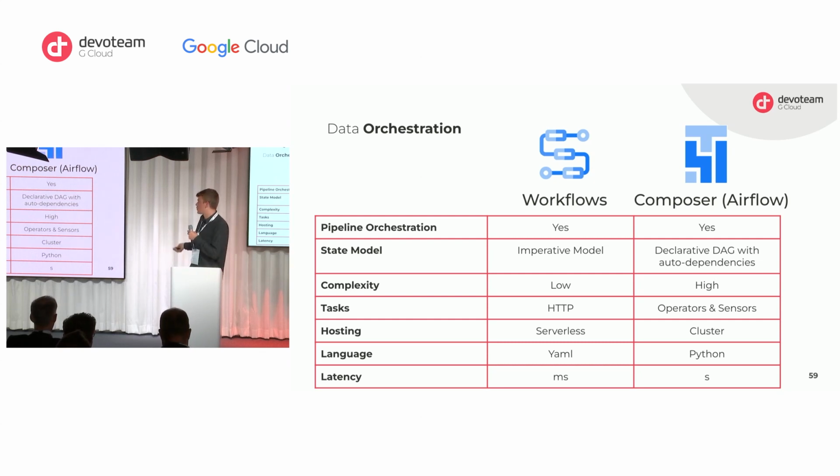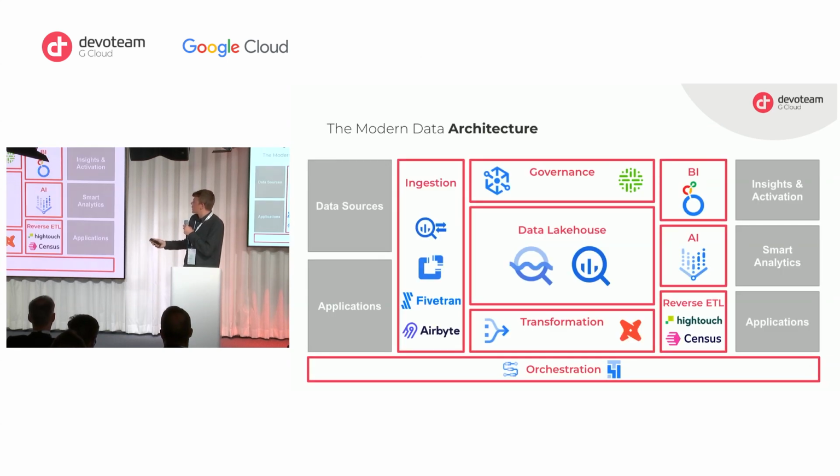There's no need anymore to pay $300 a month for one Cloud Composer cluster and to manage that. So if you are starting small, or you don't have too complex things, or the complexity is embedded into your dbt step, for example, then Cloud Workflows might be interesting for you. So that's the full picture.